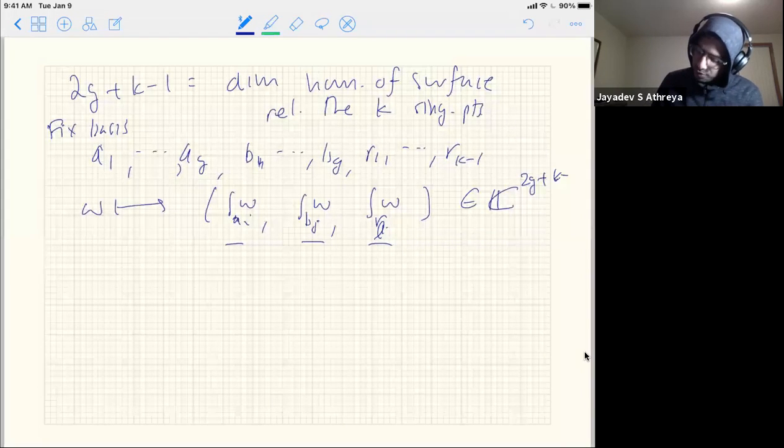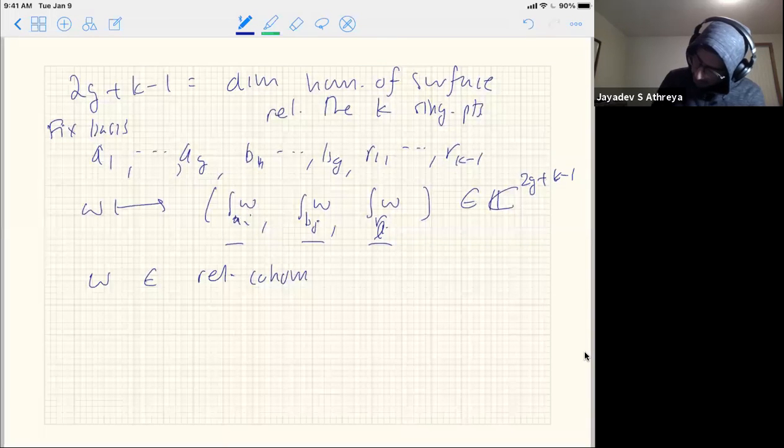That is, I view omega as an element of relative cohomology of the surface. So those are my local coordinates. And then I have Lebesgue measure in these local coordinates.